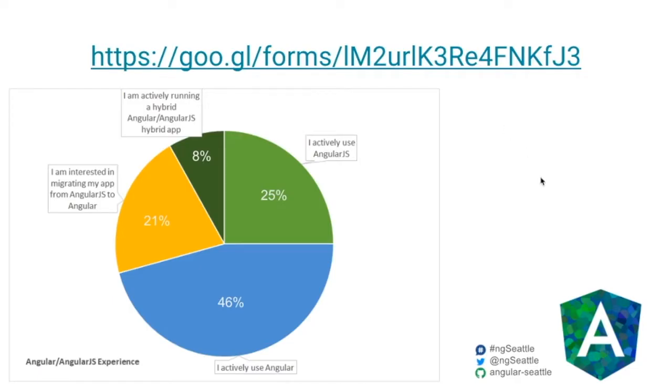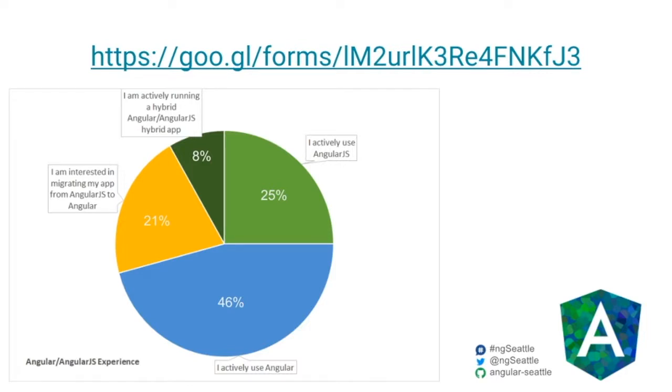Just a quick thing, this data was taken before the meetup. I think some people responded to the URL I sent out, but I'll give a glimpse, a snapshot of the attendees today. About half of you are actively using Angular, about a quarter of you are actively using AngularJS. Keep in mind that these can overlap.